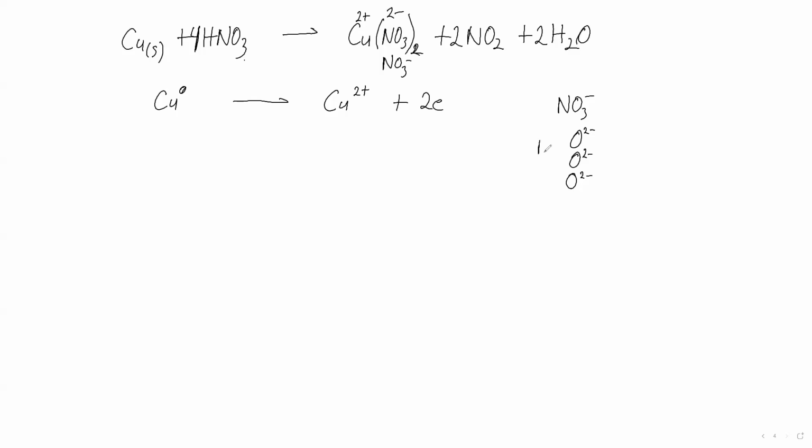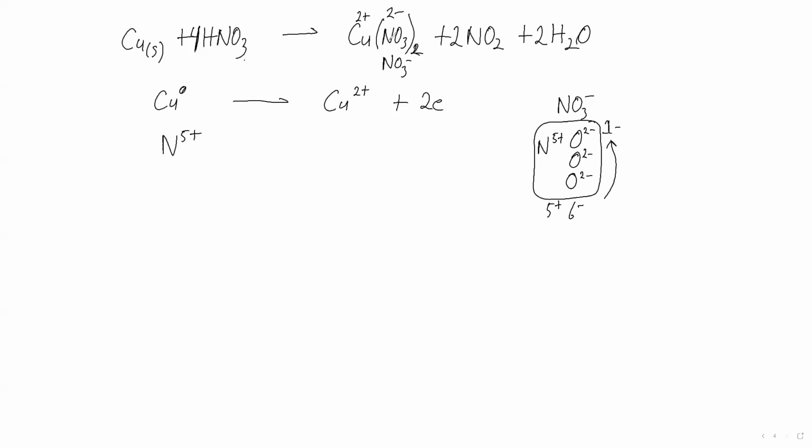And then we have the nitrogen, right? And the total charge on all of these things has to be 1-, which means nitrogen has to be 5+. Why does nitrogen have to be 5+? Because the total here is 6-, and 5+ gives me the net charge on the ion of 1-. So nitrogen is starting out as 5+.